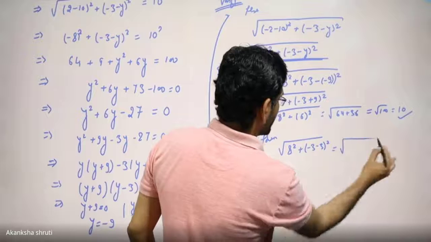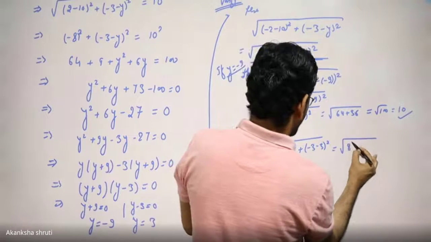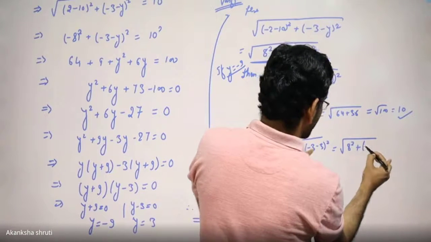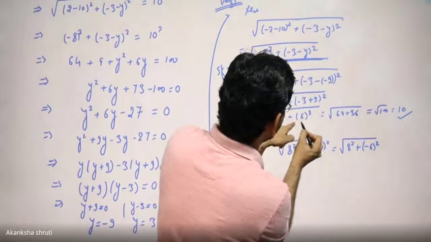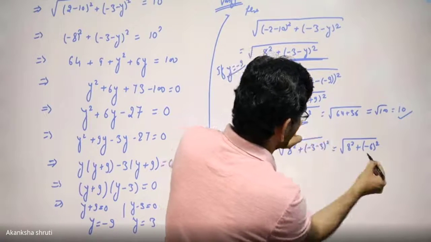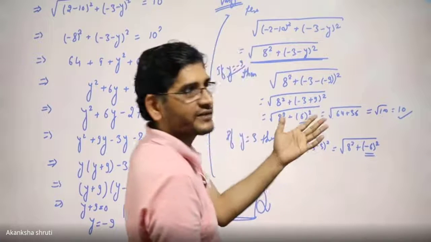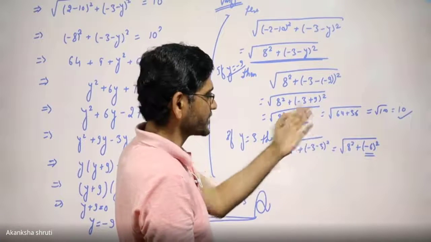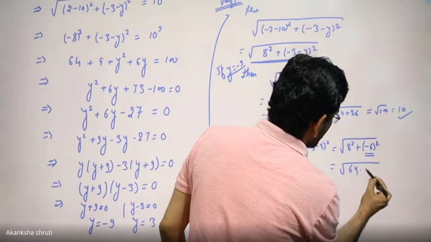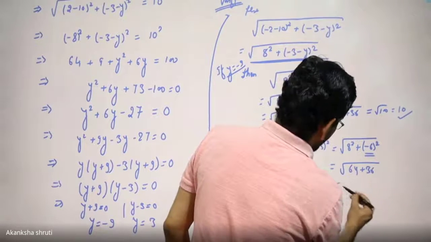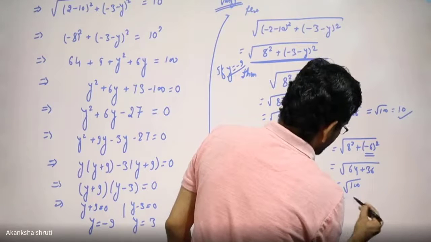Students, it becomes simply 8 square plus minus 3 minus 3, minus 6 square. You are getting the difference: it was plus 6 square, it is minus 6 square, but the square remains the same. This way both are possible. Students, it becomes 64 plus 36. It is again 100. So it is 10 units.